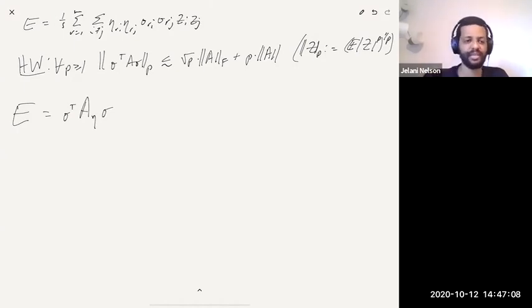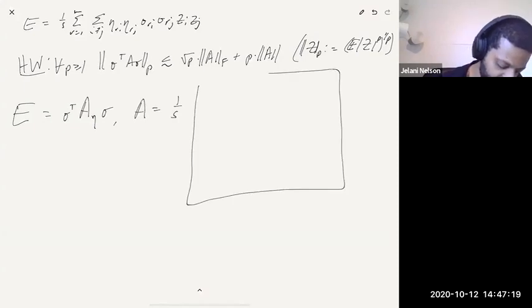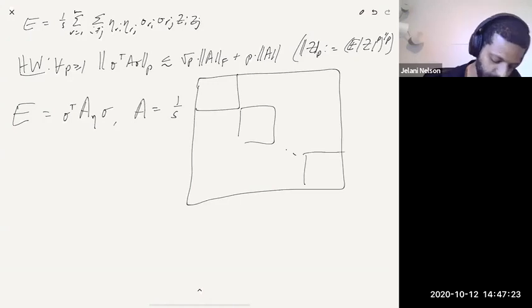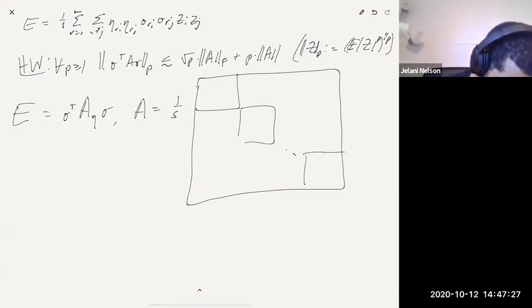It also depends on z, where A is the matrix which looks like a 1 over S here, and it's a big block diagonal matrix. And let me call this matrix Z1 transpose. This is A eta.